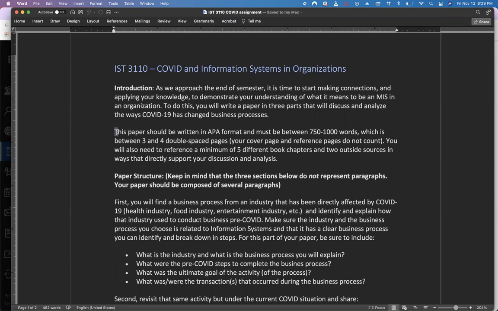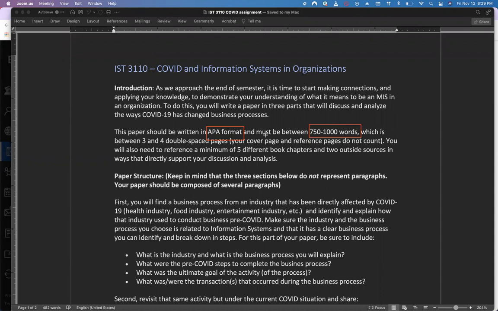The paper itself should be written in APA format. If you don't know APA, let's say that you know MLA, I'll take it. It's okay, but I really want you to do APA format, and it's going to be between 750 to 1,000 words. That's about 3 to 4 pages, double space, right?